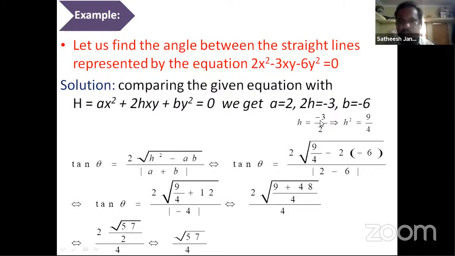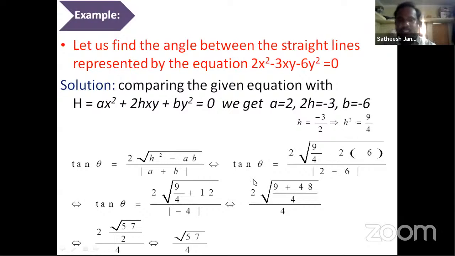What is h square? Squaring on both sides, h square is equal to 9 by 4. Observe the y square coefficient is minus 6, where the y square coefficient is b. The b value is minus 6. You know that tan theta is equal to 2 into the square root of h square minus ab, by a plus b.